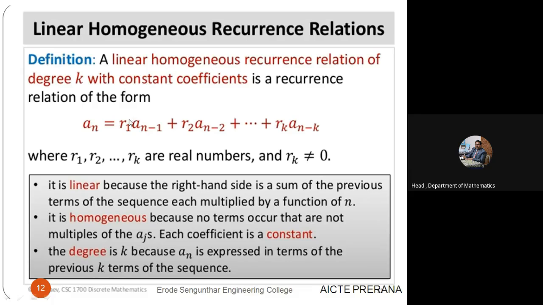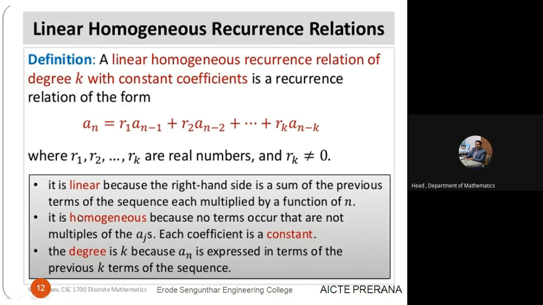This is a homogeneous recurrence relation, since in this recurrence relation all the terms are an and the previous terms of an. Here r1, r2 up to rk are real numbers and also rk is not equal to 0. It is linear because the right hand side is the sum of the previous terms of the sequence, each multiplied by a function of n.